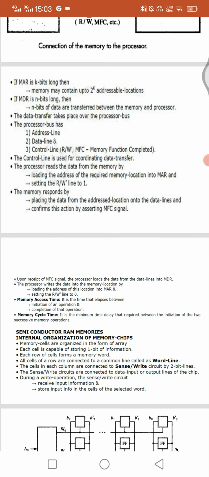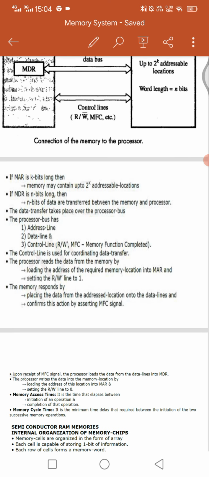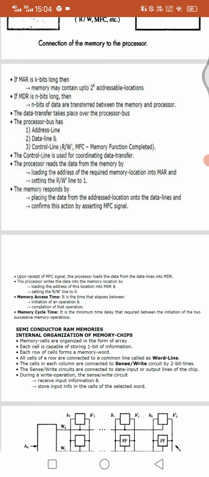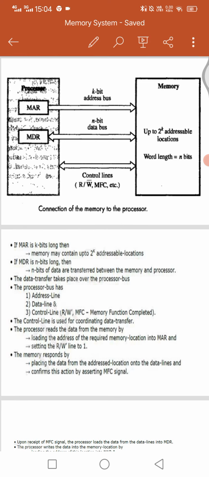The processor reads the data from the memory by doing two tasks. The first task is loading the address of the required memory location into MAR and setting the read/write line to 1. MAR sends a request through the address bus to the memory.